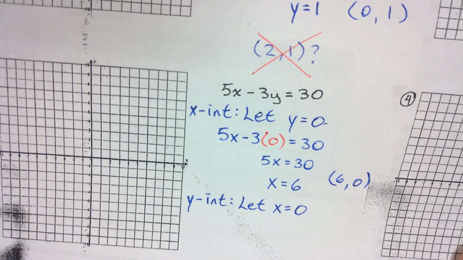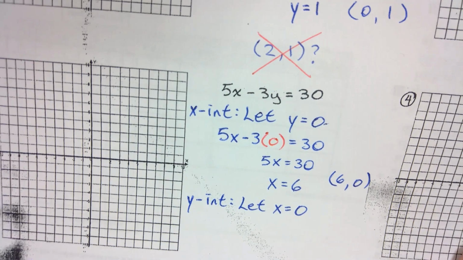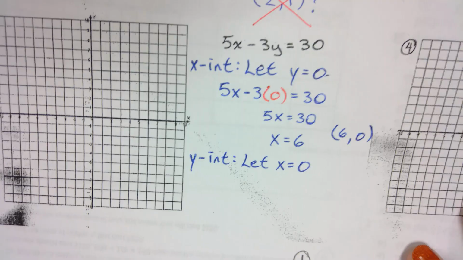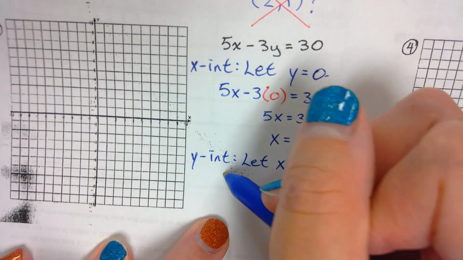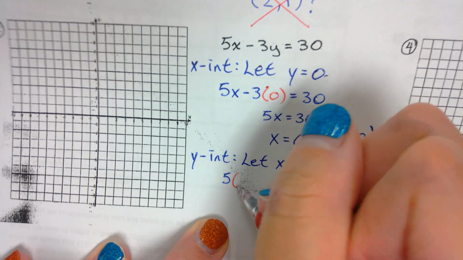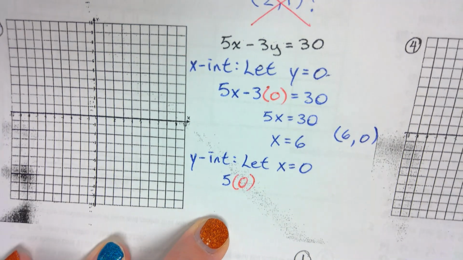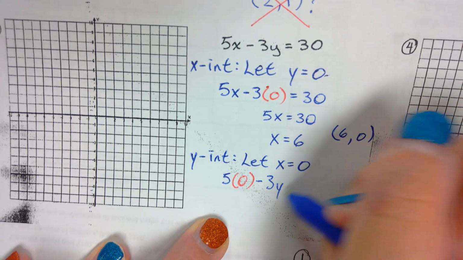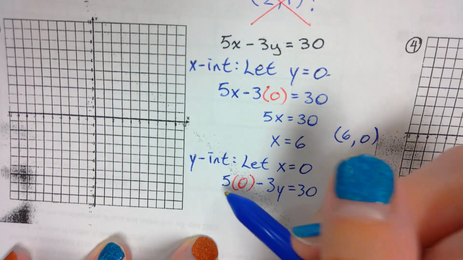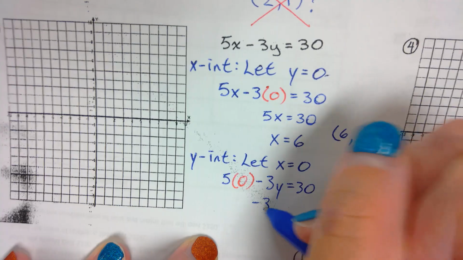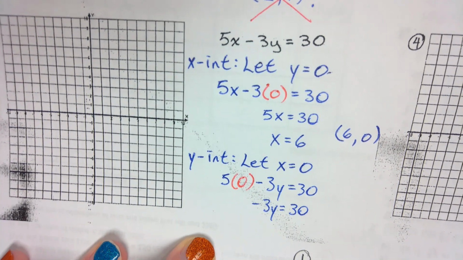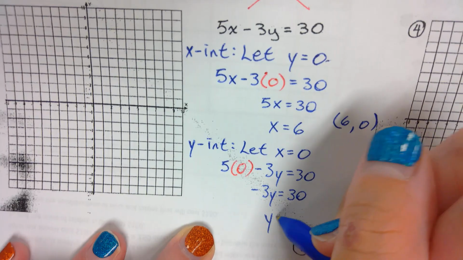Okay, because it's on the axis, which means it's on 0. Okay, so looking at my equation here, 5 times 0 minus 3y equals 30. Anything times 0, that's gone. So negative 3y equals 30. Okay, so what does y equal?